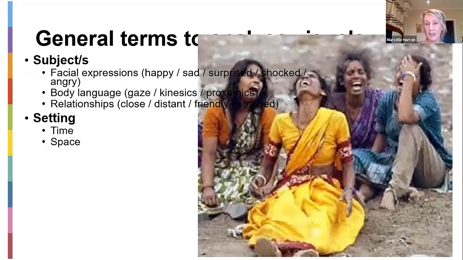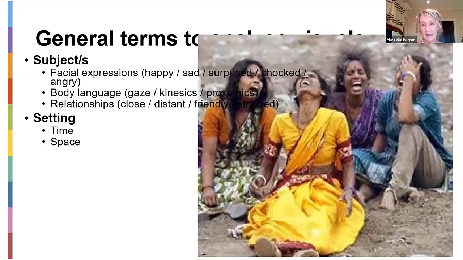And if you look at this picture, this was actually taken in 2004. Some of you were born then, I think. This was the tsunami. It was on Boxing Day, and it happened in Thailand. And there you can see this group of women together on the beach. If you look at their facial expressions, you can just see the actual grief of what has happened, the extreme grief that they're feeling.